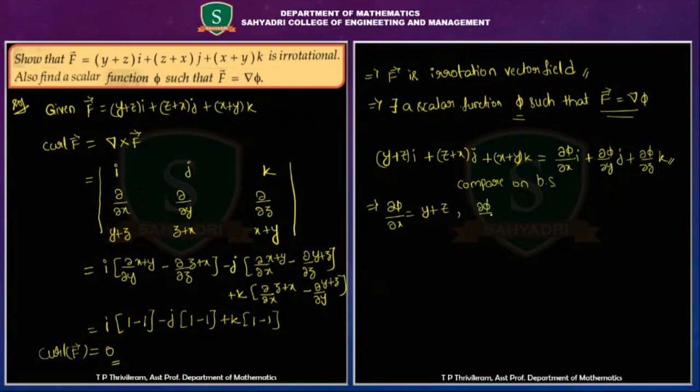Similarly, dou phi by dou y is equal to z plus x. Next, dou phi by dou z is equal to x plus y. So we got the partial derivatives of phi on the left-hand side. Now, if you want to get the phi value, what do we need to do?